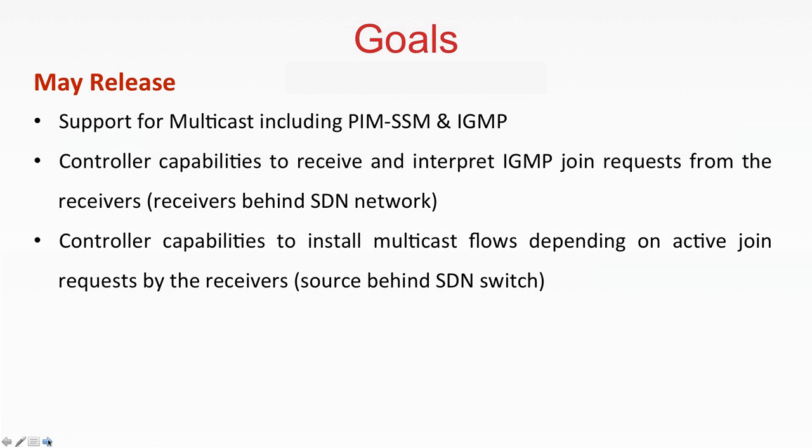So ideally, we would like to preserve that kind of behavior where if there are no interested receivers, we may not want to install that flow in the OpenFlow switches. And if there are interested receivers, then we would do the opposite, where we now actually install the flows and mark them for forwarding.